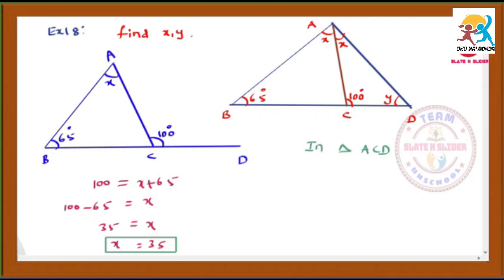So x means now itself we got, that is 35. Substitute 35 and we get the equation like this, and simplify 180, 35 plus 100, 135. Send this to another side, will become minus 135. So y is equal to 45 degrees. So like this we have to find.